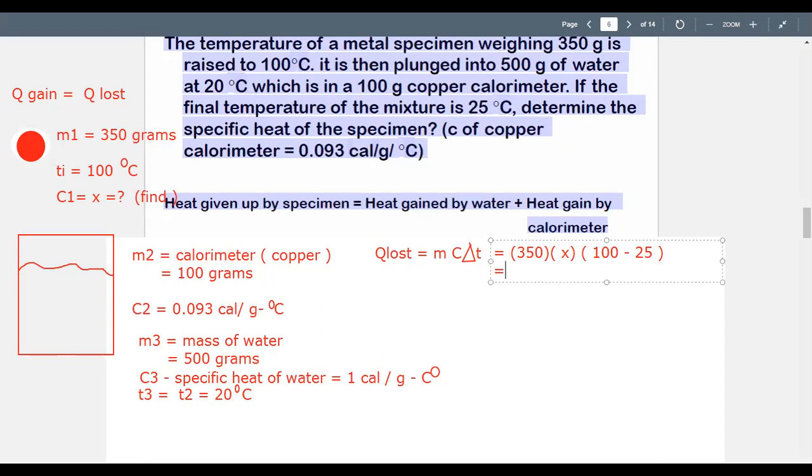If we combine all that, we'll have 350 times 75, a huge number, 26,250, and a variable x. So this is our heat loss.